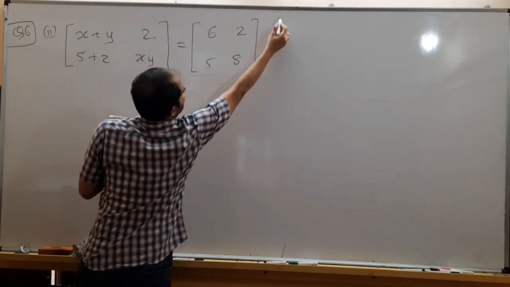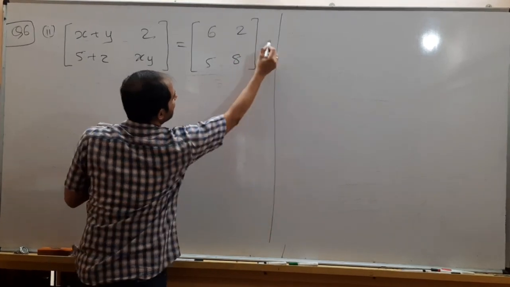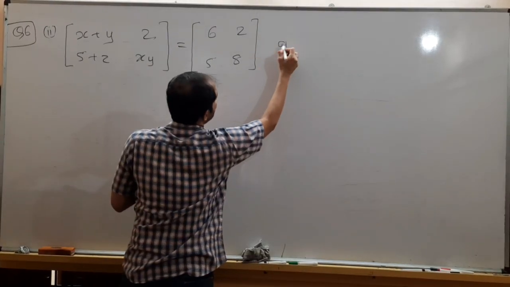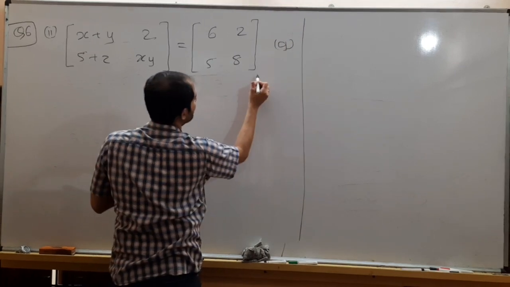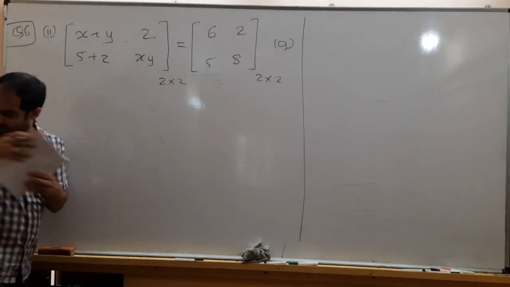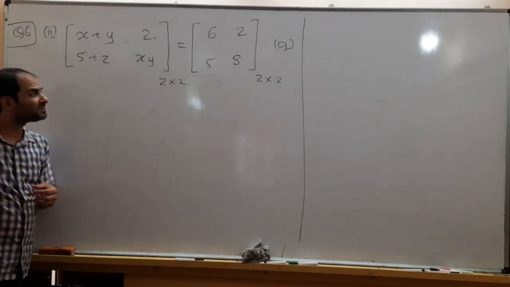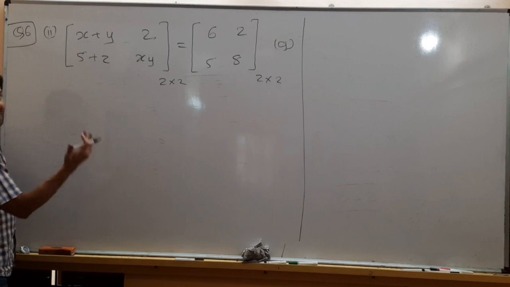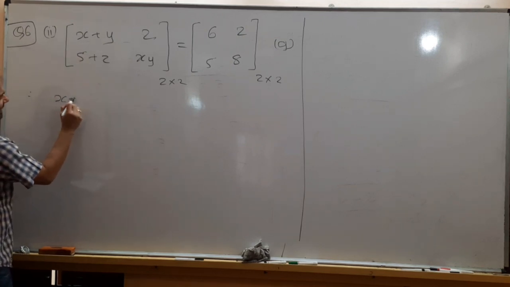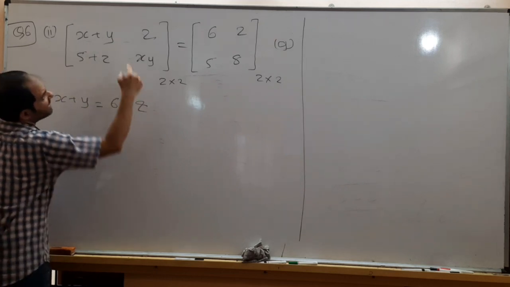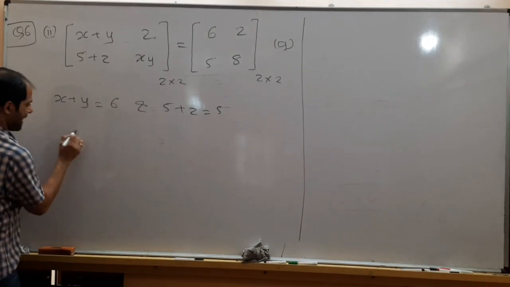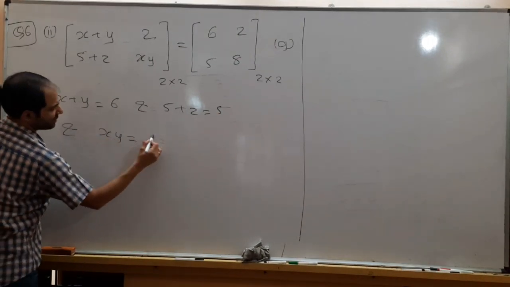Now again we have to find the values of the three variables which are appearing. This is a 2 cross 2 matrix. Again, this is a 2 cross 2 matrix. The two matrices are equal, so respective elements are equal. So x plus y is 6, 5 plus z is 5 and xy is equal to 8.